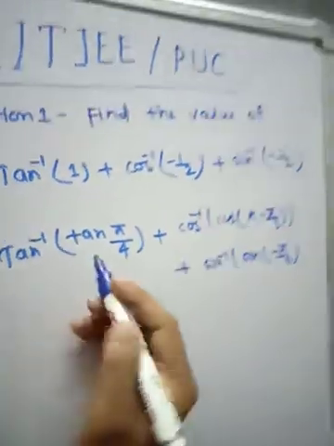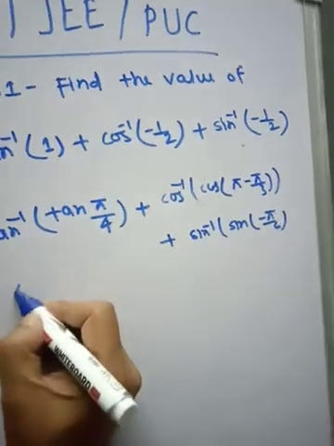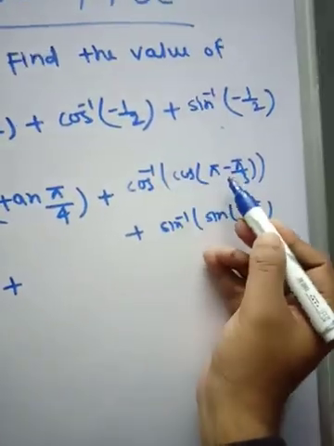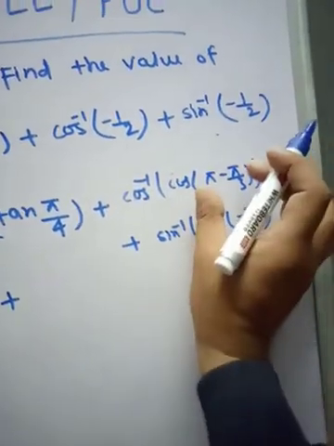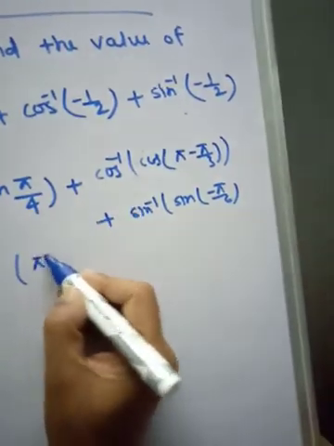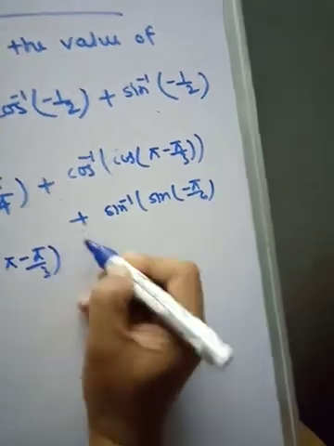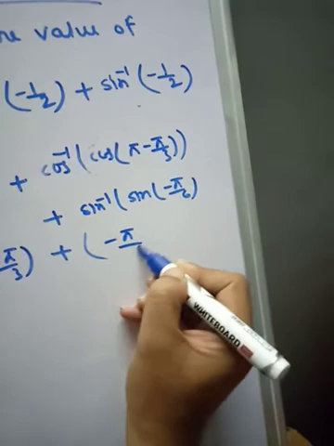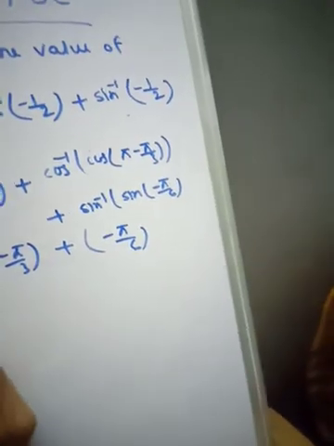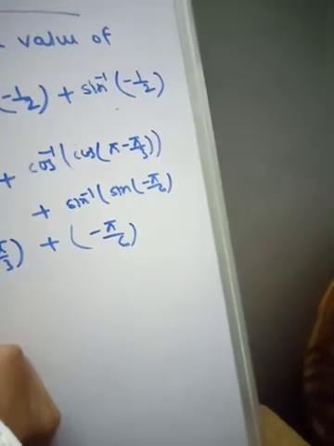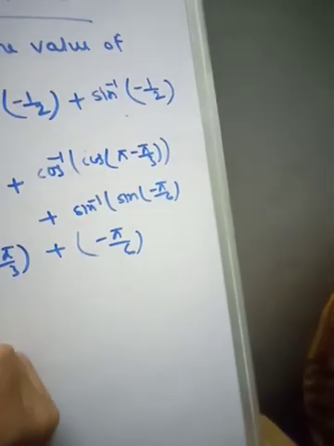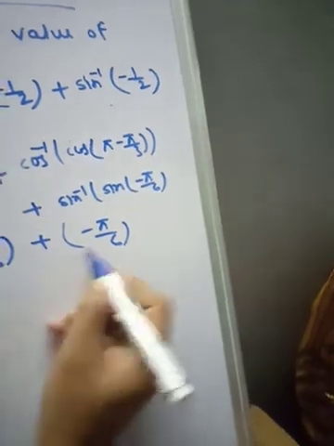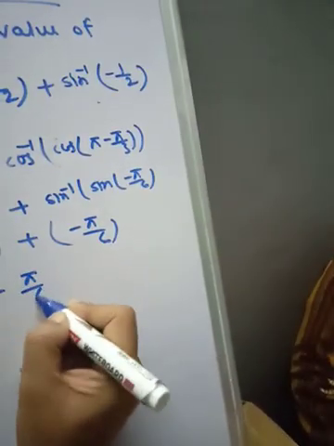So what is the value here? Tan inverse tan theta is theta, so pi by 4 will come outside, plus cos inverse cos theta, theta will be outside, so pi minus pi by 3, plus sin inverse sin theta, theta is minus pi by 6. So pi by 4 plus 2 pi by 3 minus pi by 6.